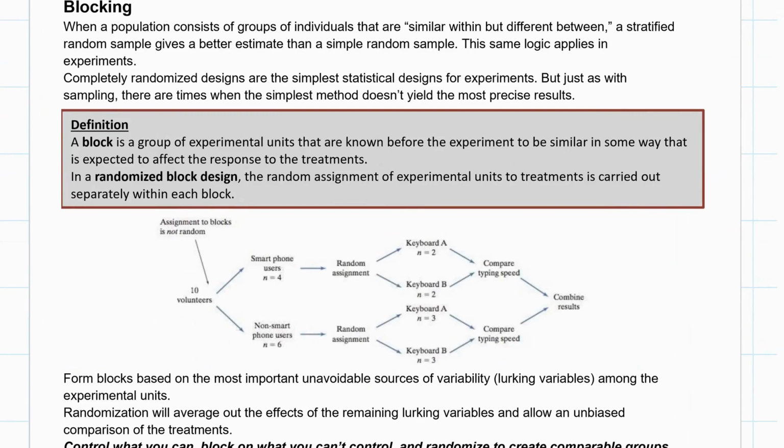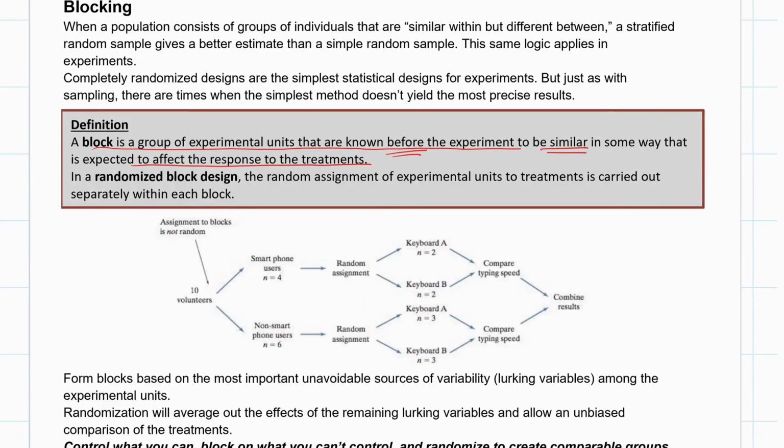It talks about this idea that we may have within our subjects or experimental units some commonalities, and those commonalities may have attributes which are known to affect how the treatment is interpreted. So it says a block is a group of experimental units that are known before the experiment to be similar in some way that is expected to affect the response to the treatment.